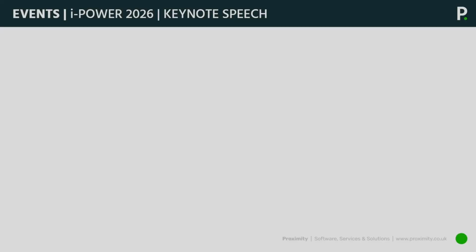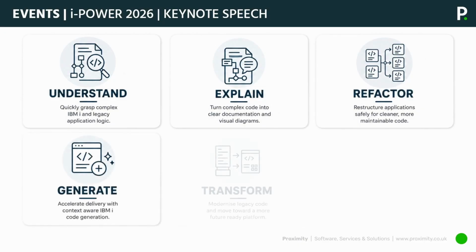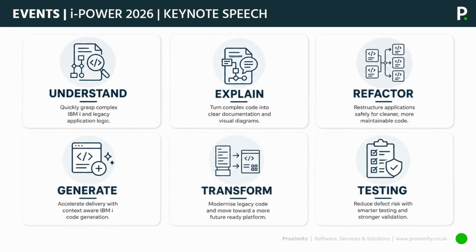The core message was that Bob supports productivity and modernization across these 6 key areas: understanding, explaining, refactoring, generating, transformation, and testing.